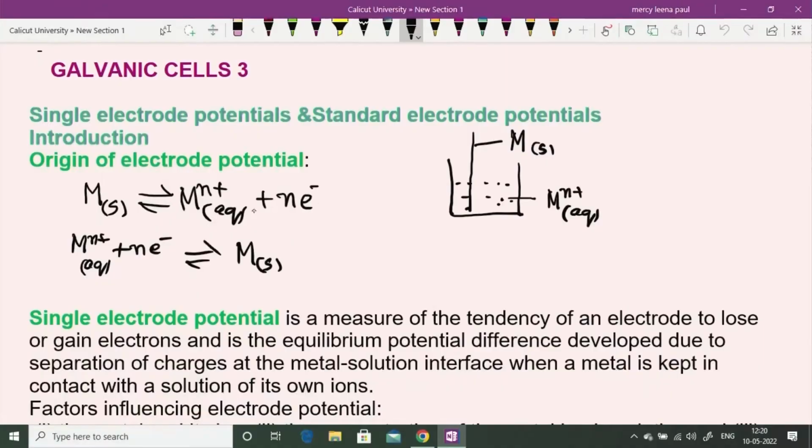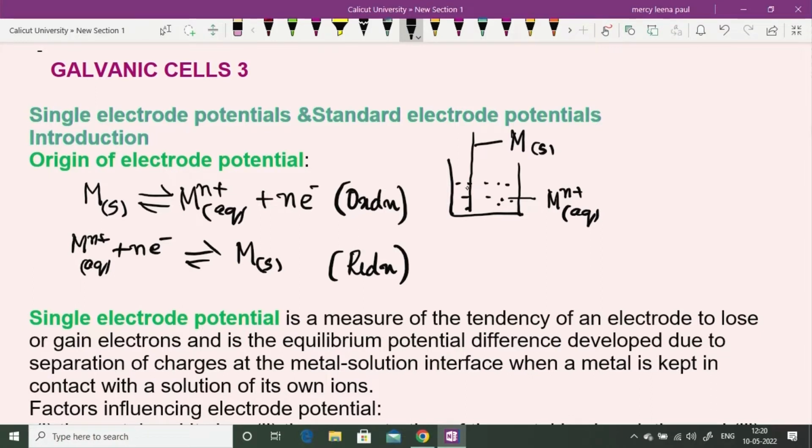In the first case, the metal is getting oxidized to form its metal ion, and in the second case the metal ion is getting reduced forming metal. So, I will put this reaction as oxidation and this reaction as reduction, where the metal ion gets converted into metal.